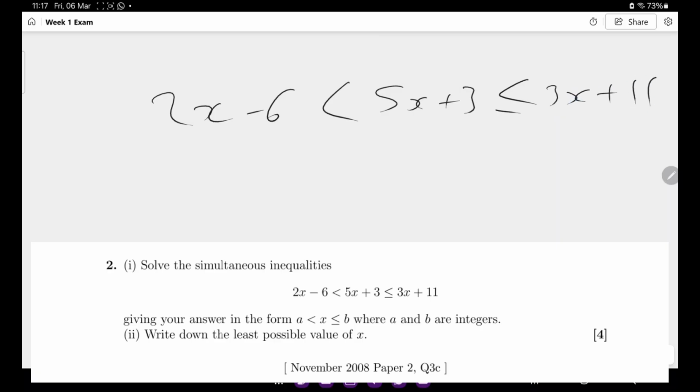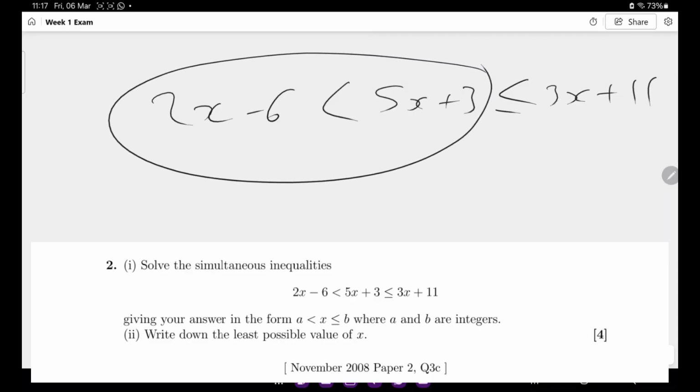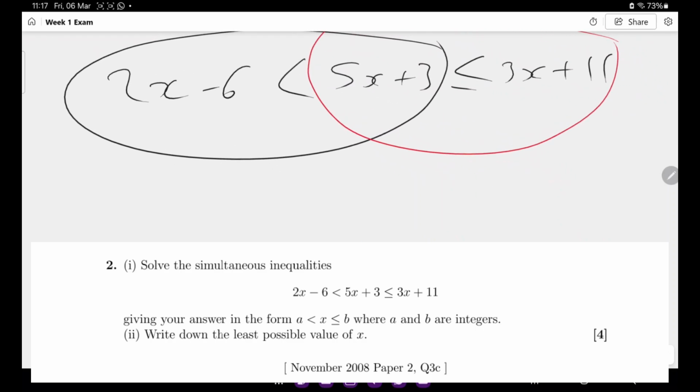Okay, so what we're going to do whenever we have a simultaneous inequality, usually we tend to group. So we usually group like this. This is more of the easiest way to do it. So under the black bubble, we're going to take 2x minus 6 is less than 5x plus 3.